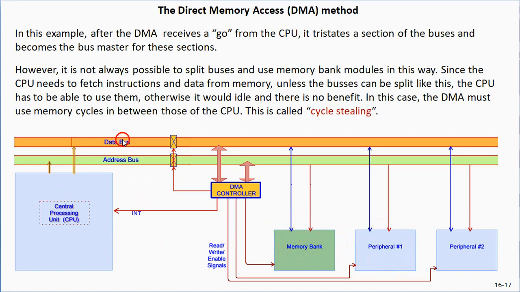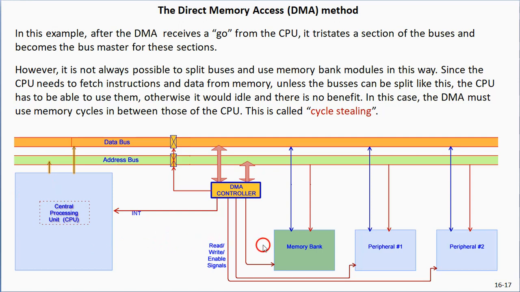At the same time, the other sections of the buses where the CPU is connected can operate independently and the CPU can go on and perform other tasks rather than sitting there idle. However, it is not always possible to split buses and use memory bank modules in this way.